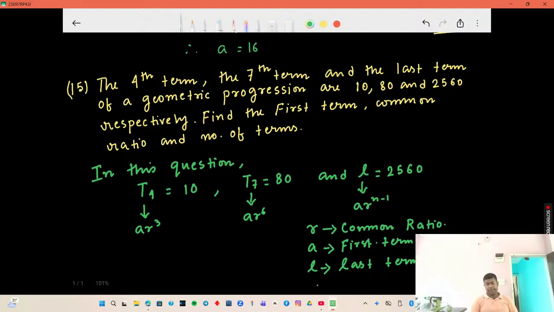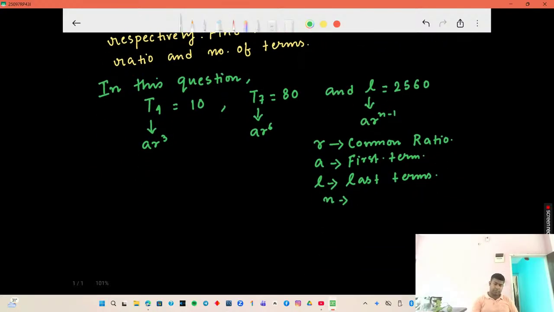And what is N? N is the number of terms. Now I think it is very much clear to you. R is the common ratio, A is the first term, L is denoted as the last term, and N is the number of terms.